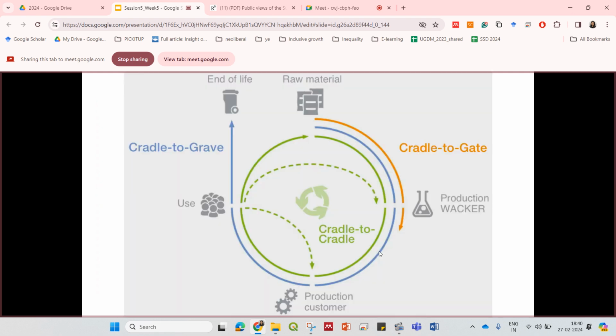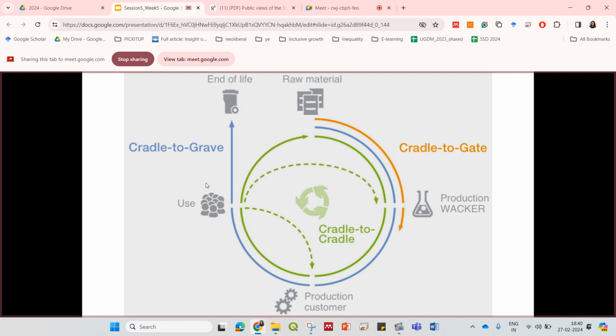So as I said, cradle is referred to as the raw material or the extraction of the raw material. So you have different types of life cycles. There is cradle to cradle, where you are recycling the product. So at the end of the life cycle of the product, you recycle the materials, or you recycle the product in such a way that again it is acting as raw material or maybe even energy source for production of a different kind of product.